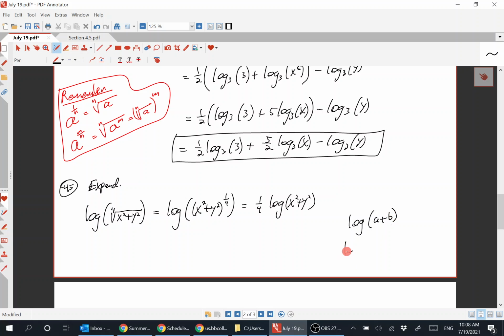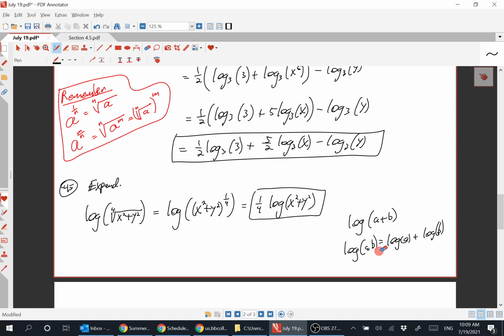Log of a times b is equal to the log of a plus the log of b. Log a times b is log of a plus log of b. Log of a plus b, nothing. There's no help with that one. Okay, so that's the final answer here.